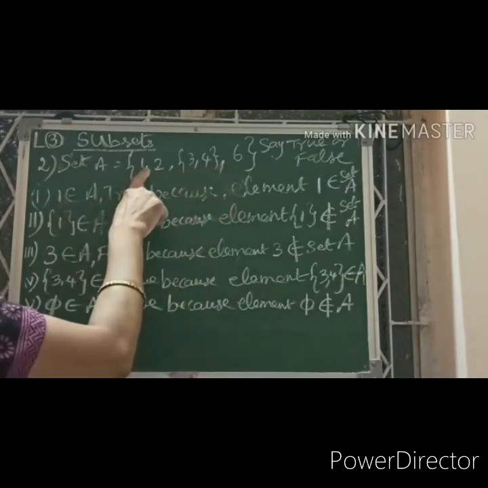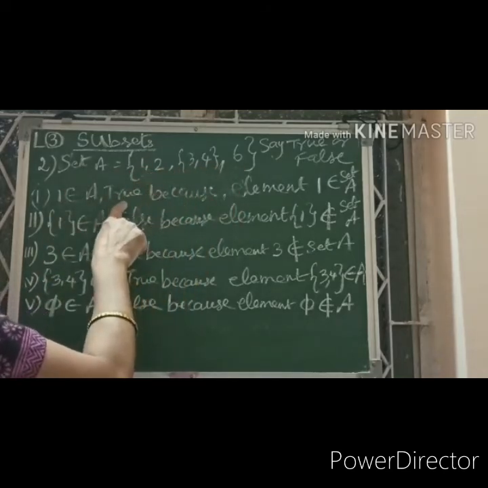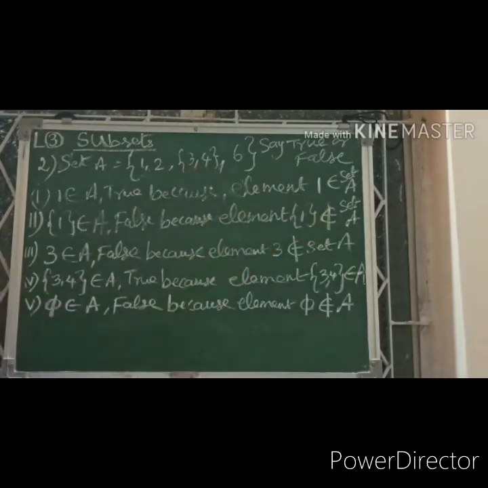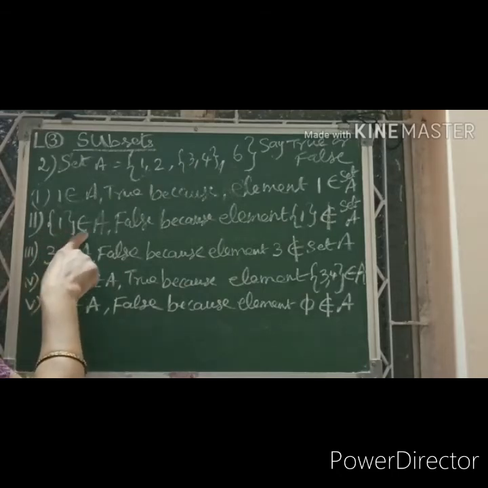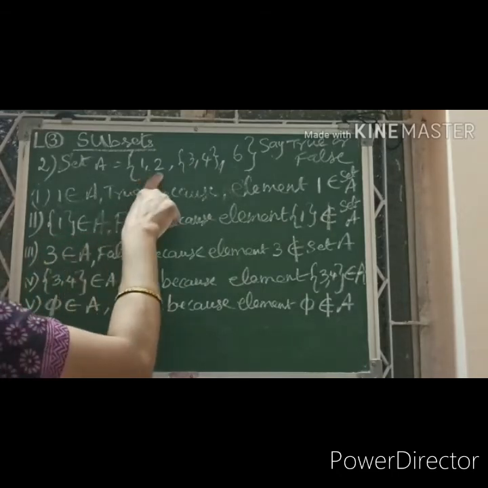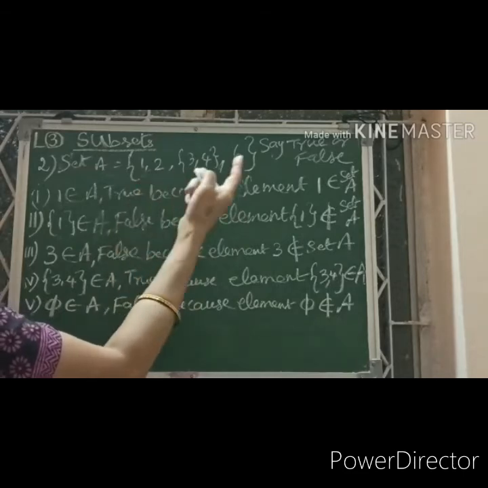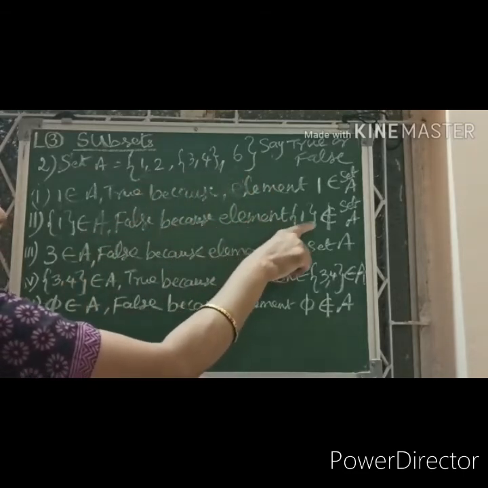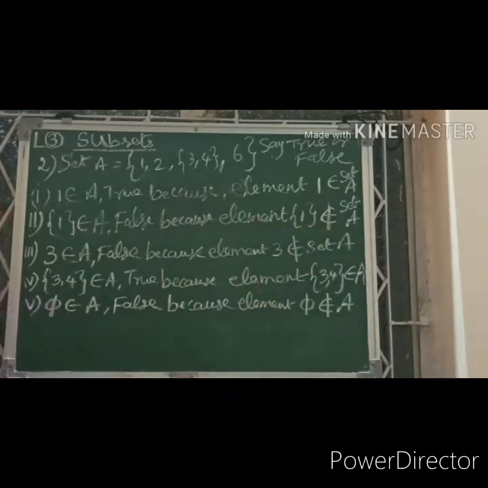Yes, 1 is very much there, so it is true because element 1 belongs to set A. Now next, {1} belongs to A. Is there any curly bracket 1 here? No, it is false because {1} does not belong to set A.